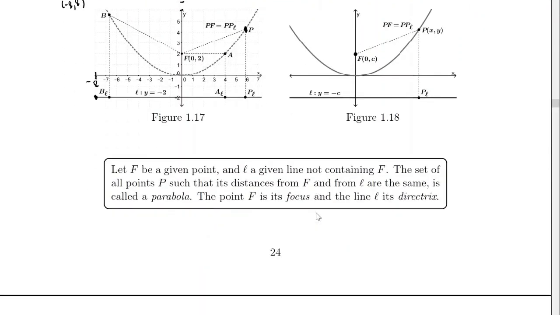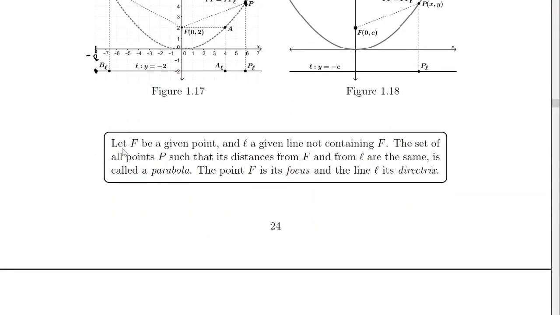Okay, so for a formal definition of a parabola, let F be a given point and L a given line not containing F. The set of all points P such that its distances from F and from L are the same is called a parabola.